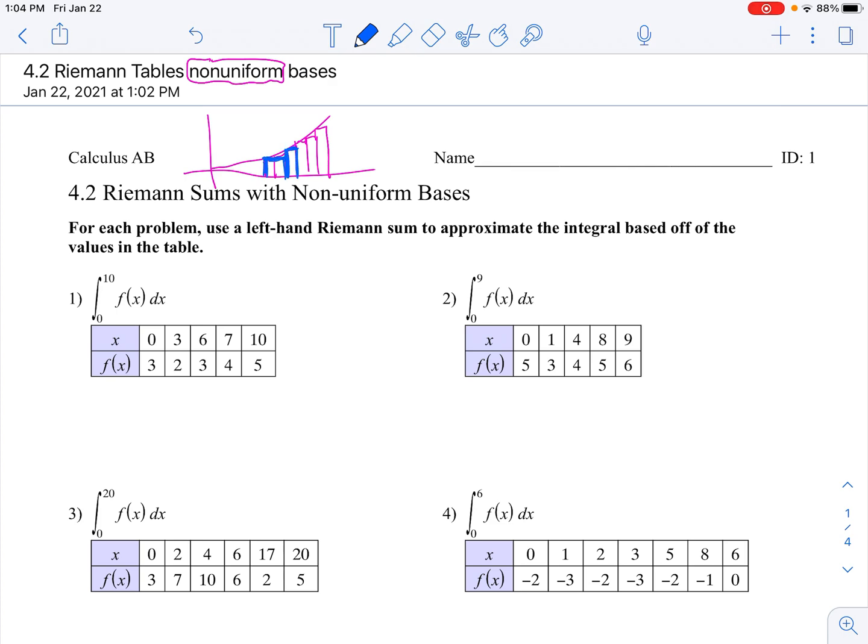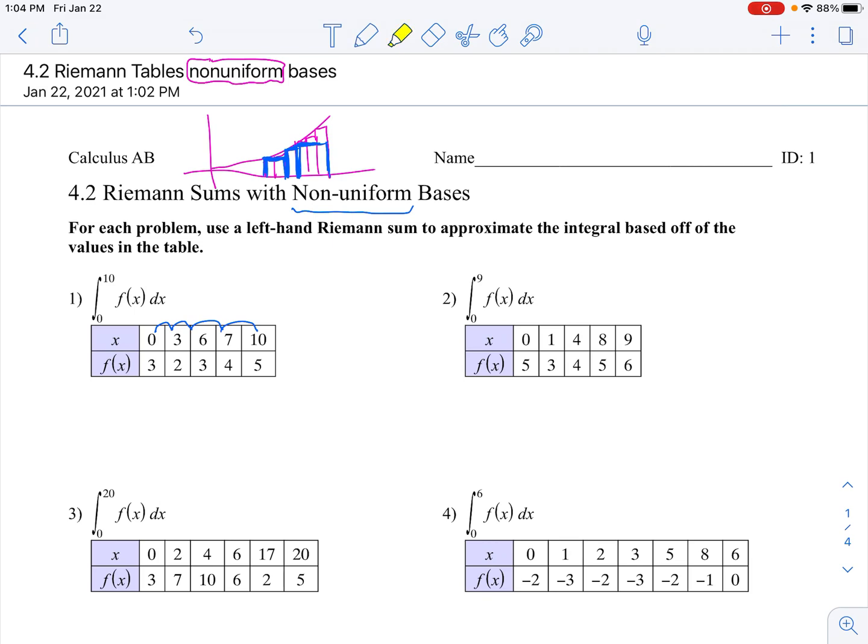So they'll still be left, but some might be skinny, some might be fat, some might be really wide, some might cover 3 intervals, some might cover 2, some might cover 1. They're all going to be different sizes. Okay? So that's what we mean by non-uniform. And you can see as you jump from one X value to the next that these are very different than the types of tables that we were doing in the last set of problems.